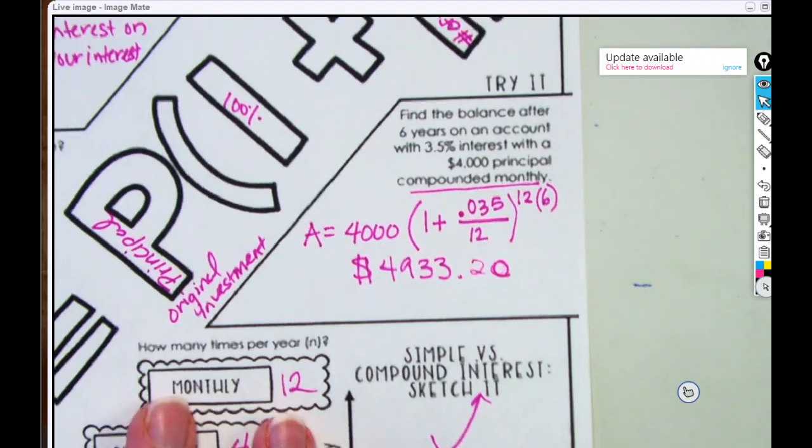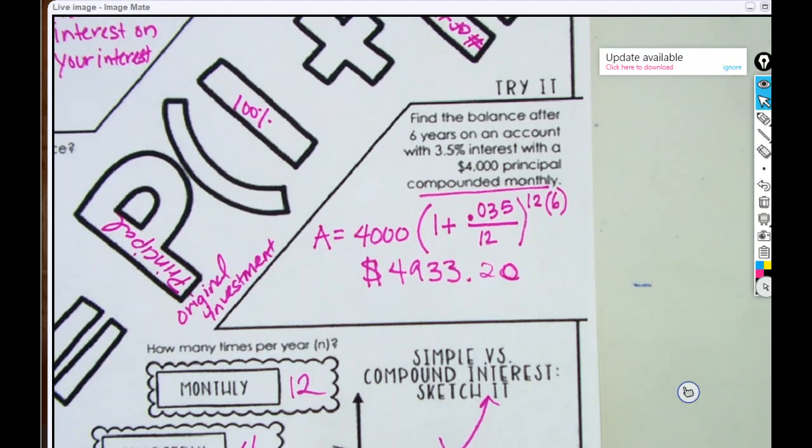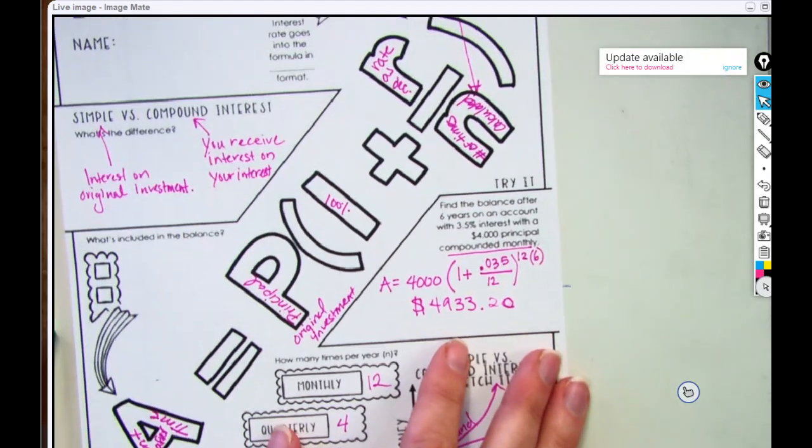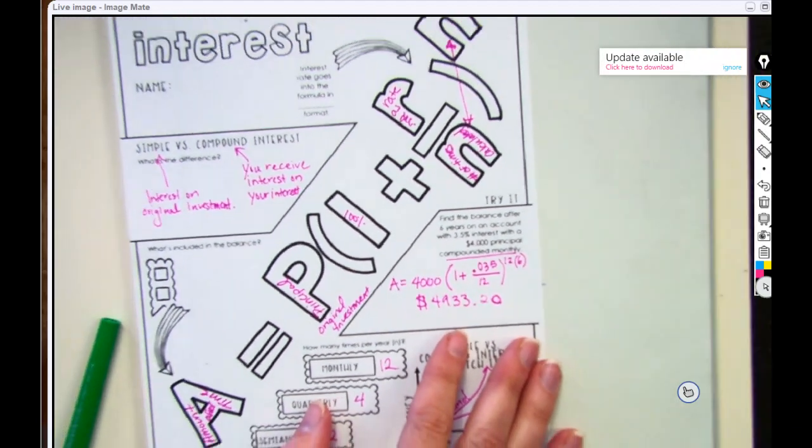Some of the problems in your homework today are so much easier than this because it doesn't say compounded monthly. It's just compounded annually, once a year. So what is your N if it's calculated every year? 1.